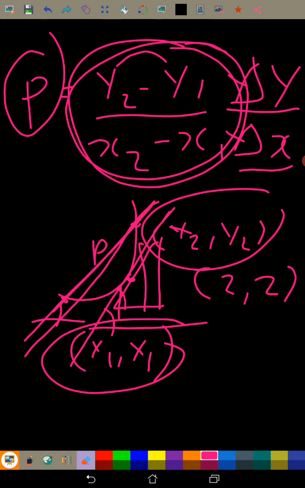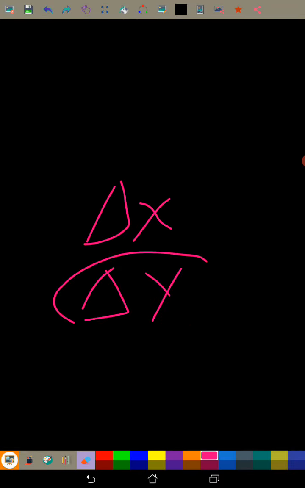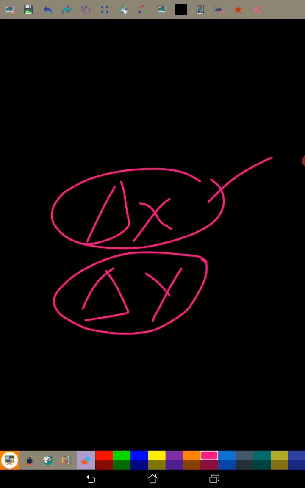Although here it looks like it's the same angle, no, it's not the same angle. Delta x and delta y, especially delta x, because delta y is changing in respect to x, has to be very small. Okay, this is very important.